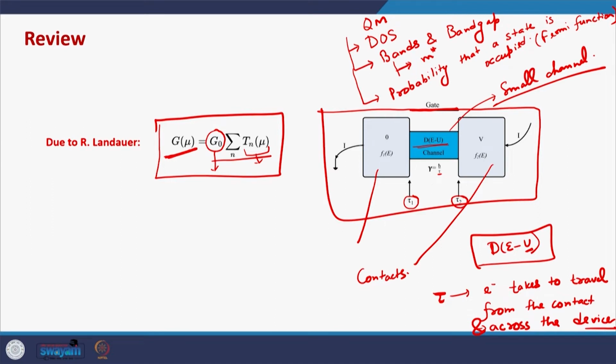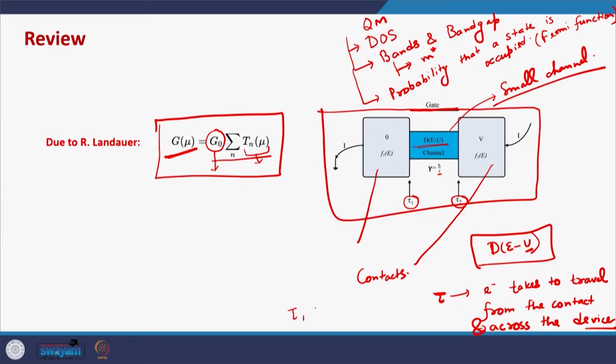Okay. Generally, in most of our devices, both the contacts are identical, and in that case tau 1 is equal to tau 2 is equal to tau. Okay.